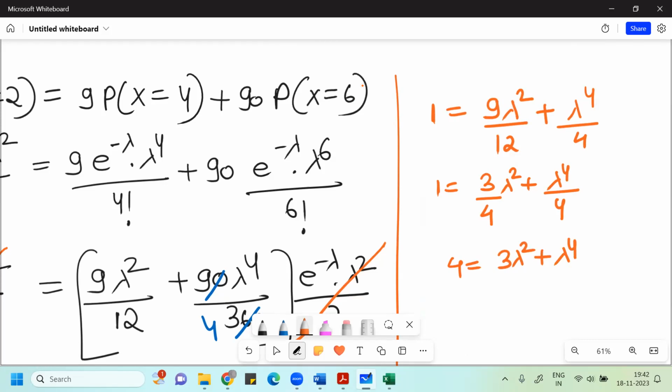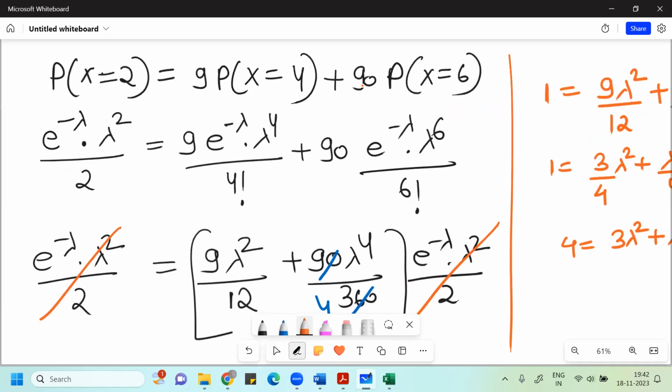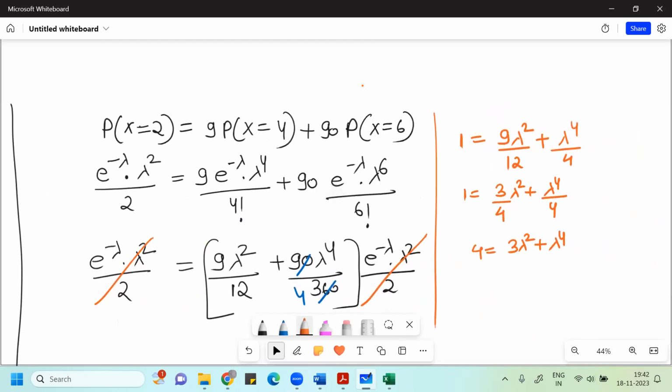Correct, right? Any doubt? Okay, let lambda square be equal to x. So this will become 4 is equal to 3x plus x square. Any doubt? This clear, everyone?